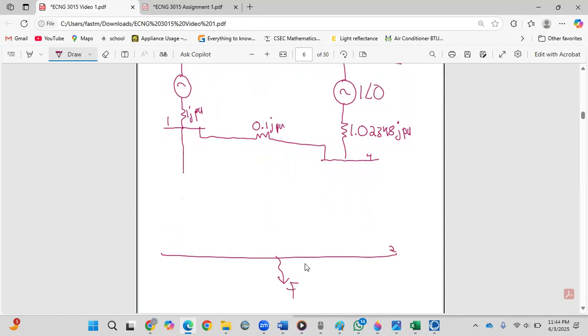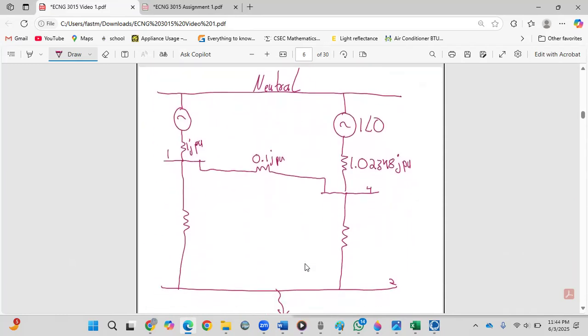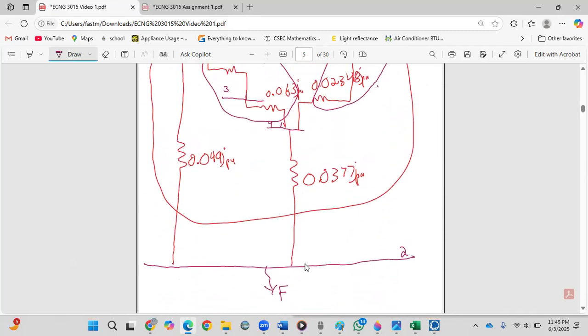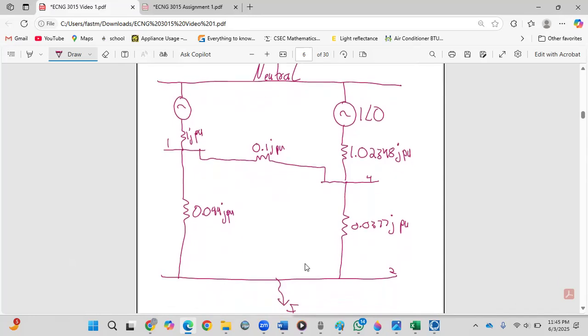So 1 to 2 was 0.049, and 4 to 2 was 0.0377. Okay, cool. So now we're kind of at a standstill.